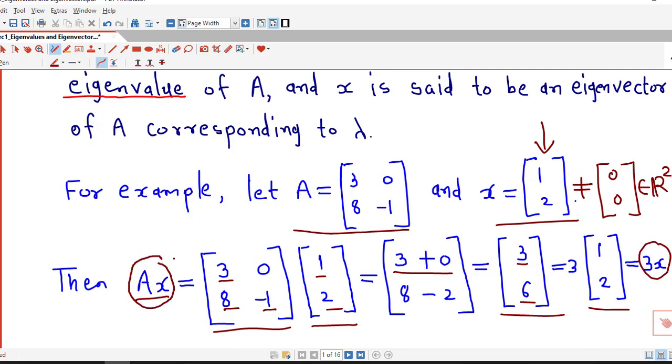So here for a given matrix capital A, there exists a non-zero vector, here the vector is 1, 2, such that A into x equals 3 into x.